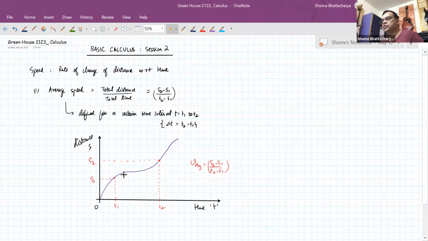So we join these 2 points with a straight line. It just becomes the slope of the straight line. You can see that this is our S2 minus S1 distance traveled during this time interval T2 minus T1. So the ratio of these two things is nothing but tan theta. Okay, so this is equal to tan theta, or slope of the secant line drawn between T1 and T2.